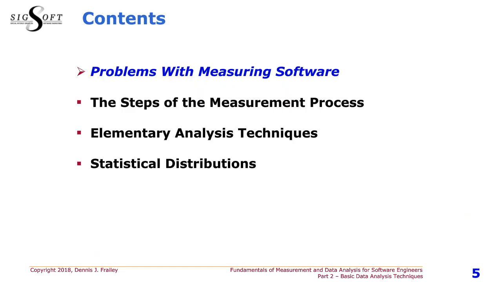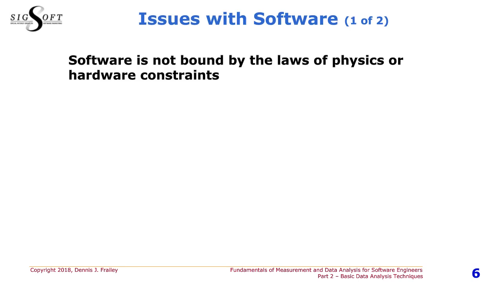Okay, let's talk about problems with measuring software. One of the most important things to keep in mind about software is that it doesn't have to follow the laws of physics, which means there are a lot of things you can assume when you're designing a piece of hardware that you cannot assume when you're designing software.